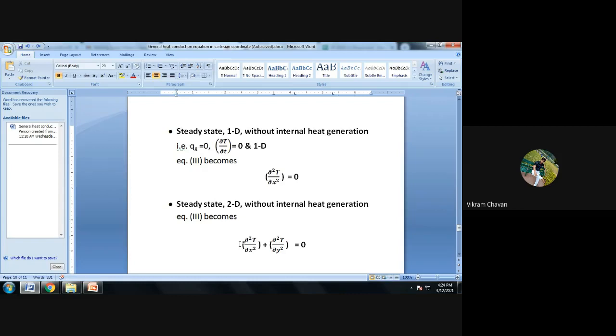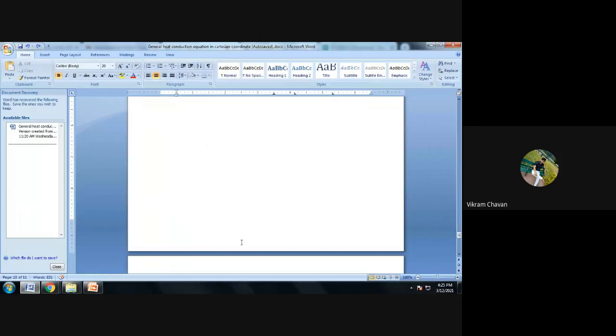If there is no internal heat generation, then the second term becomes 0. If it is one dimensional heat transfer, only one coordinate we have to consider. If two dimensional heat transfer, two coordinates we have to consider. According to the statement, you have to interpret the equation. So these are the different forms of a general heat conduction equation.